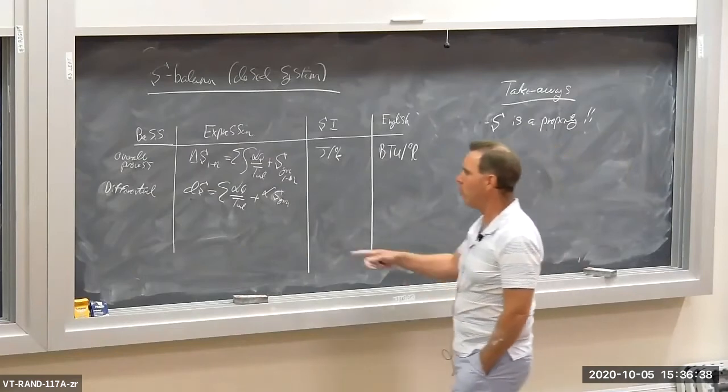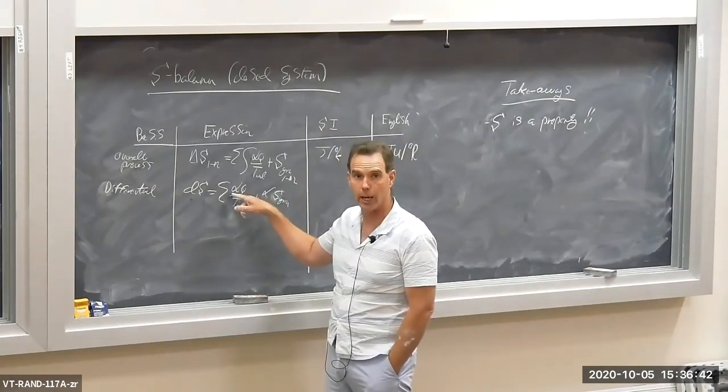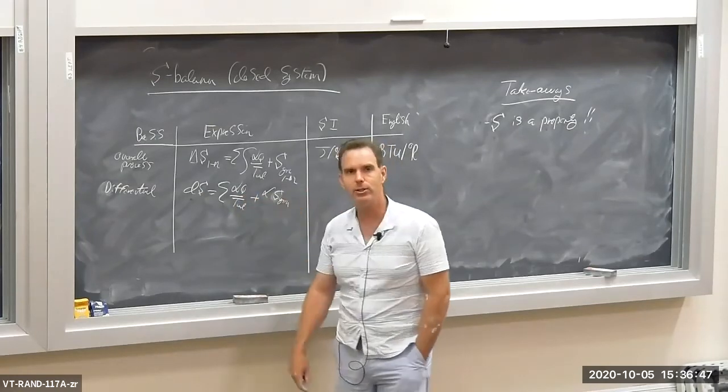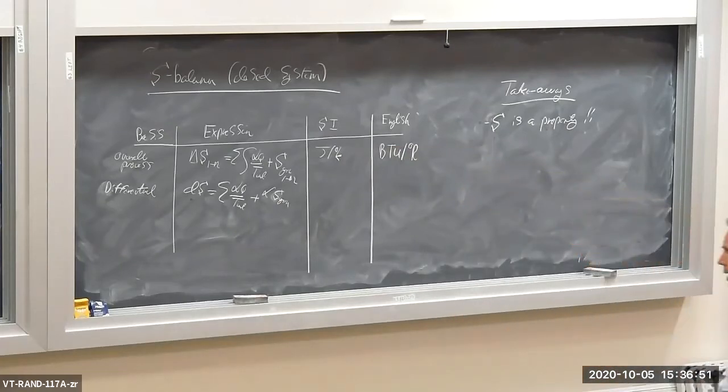The del Q, well, we already know that Q is a path function, so its differential transfer is del Q. We also know that S gen is path dependent. Why is it path dependent? Because S gen is positive for an irreversible process and 0 for a reversible process between the two same end states.